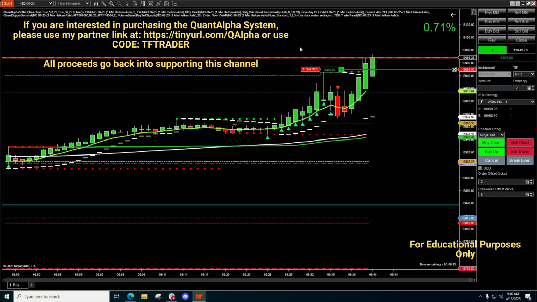I just moved the stop target below that resistance area here. So it should start to trail once it hits some more profit, unless it gets pulled back to break even.